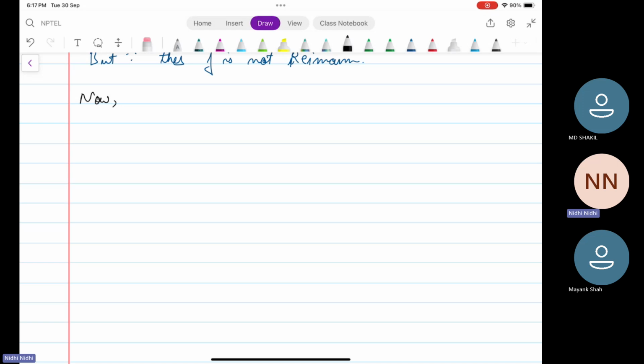While writing explicitly, the first function would be the triangle between one half and one, and from zero to half it should be zero. The second function would be the same on 1 by 4 to 1 by 2, 1 by 2 to 1, and the rest it should be multiplied by some characteristic function. In this way also you can show. Actually, it is the same idea that we have discussed.